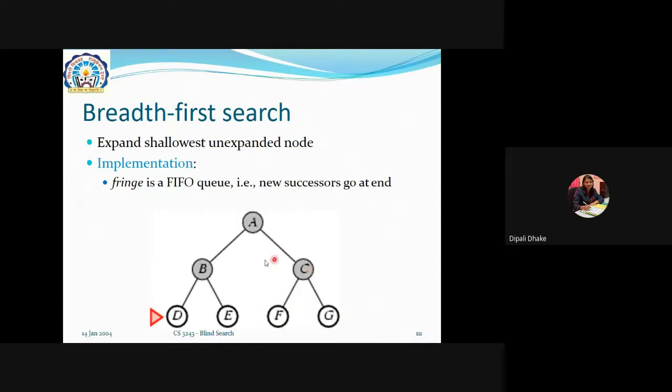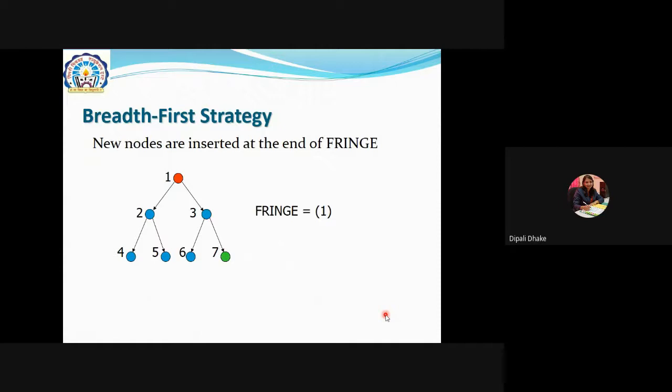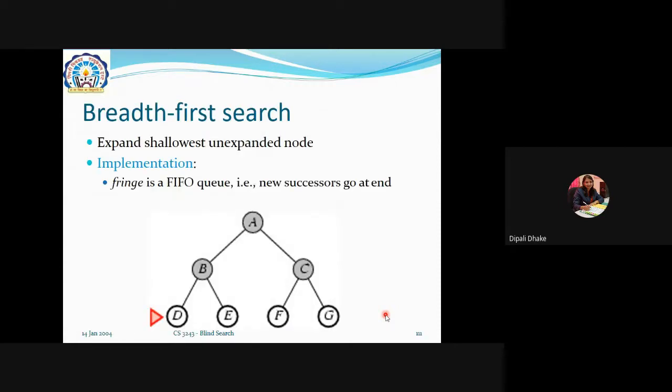Then it will jump to the next level directly. The next level has four nodes, so it will check D, E, and all the rest.